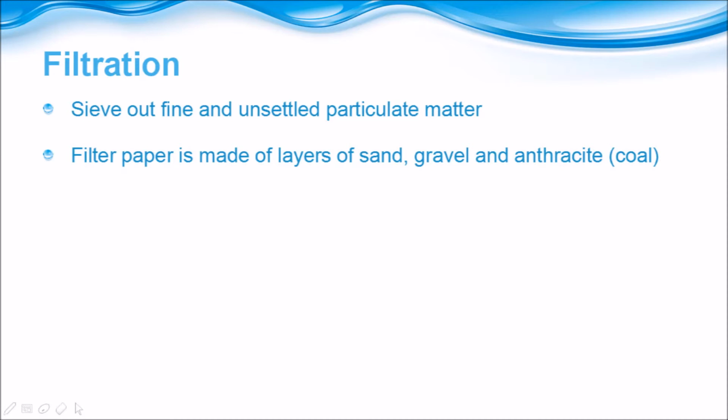Okay, I'm Xu Hui. Now I will talk about the filtration. So the filtration is a method to sieve out fine and unsettled particulate matter from the raw water. The filter bed is usually made of layers of sand and gravel. So in other words, filtration is commonly the mechanical or physical operation which is used for separation of solids from fluids by interposing a medium through which only the fluid can pass.